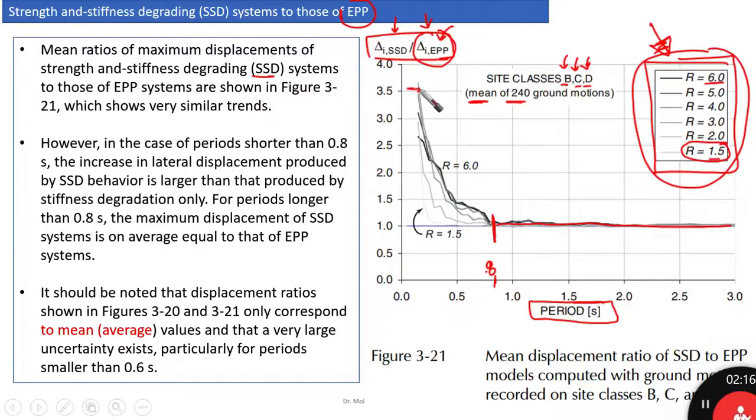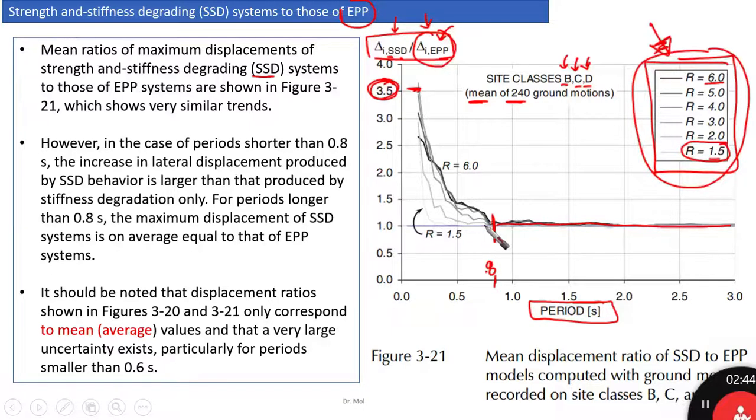We can reach even 3.5. What does it mean? It means that the response from the single degree of freedom system using the stiffness and strength degradation hysteretic rule is going to be 3.5 times higher than the same system using the EPP, or elastic perfectly plastic, hysteretic rule.